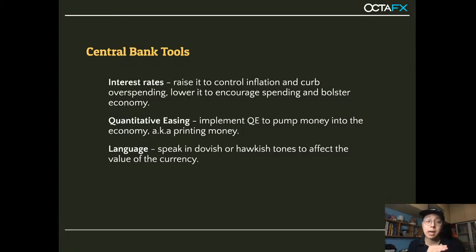The second tool is over here. You can see I put it as quantitative easing. In short, that's called QE. Okay, in a more simple understanding of it, it is basically printing money. Okay, so literally, I want you to imagine, right? In the central bank, they have this printing machine that they can really print money. Okay, it's literally printing money.